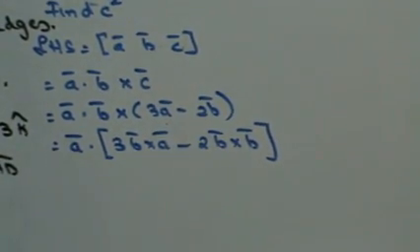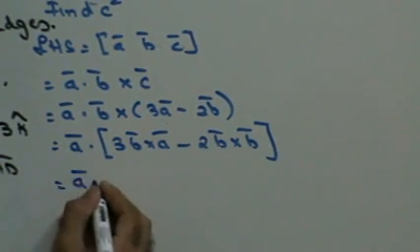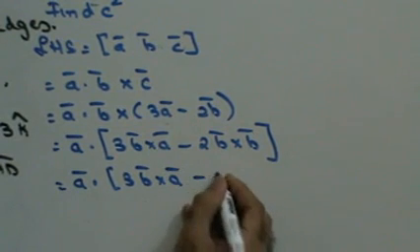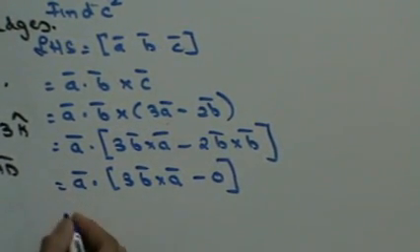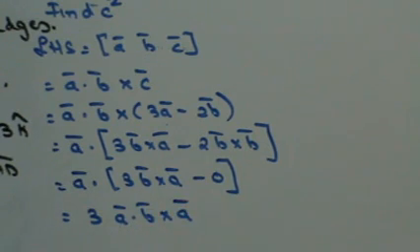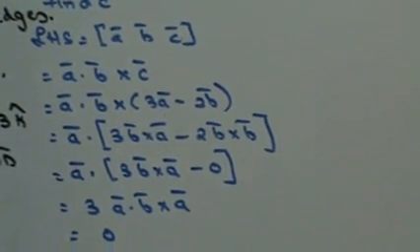Cross product of two identical vectors is 0. So that means this is going to be a vector dot 3b vector cross a vector minus 0. This is 3a vector dot b vector cross a vector. In scalar triple product, if two vectors are identical, the value of scalar triple product is 0. So the first part is proved.